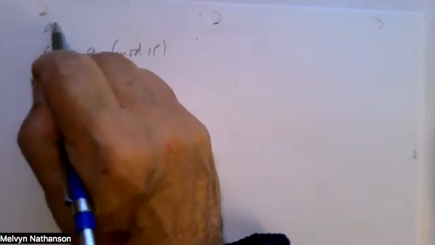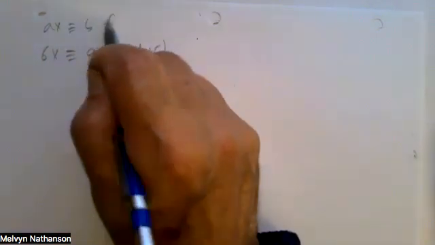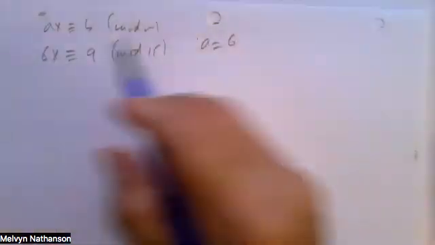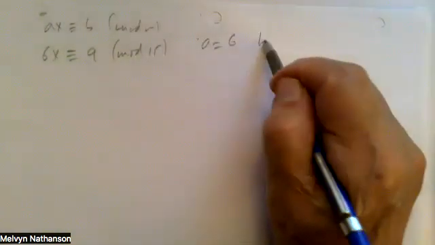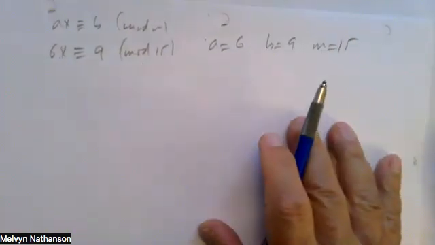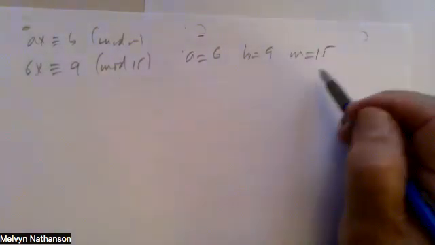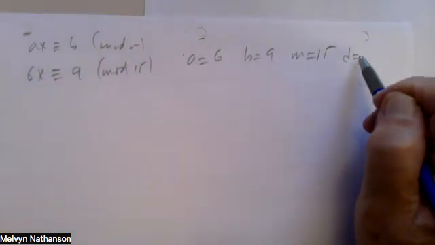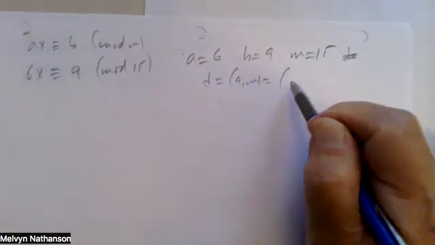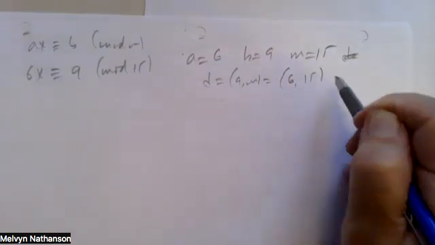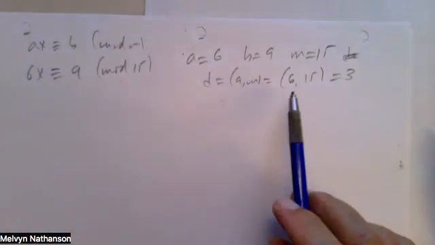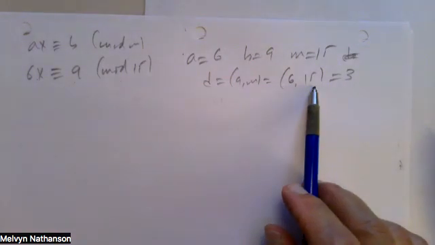So in terms of the standard form ax congruent to b mod m, my a is 6, my b is 9, my m is 15, my d, which is the greatest common divisor of a and m, that's the greatest common divisor of 6 and 15, that's equal to 3. 3 is the largest number that divides 6 and 15.